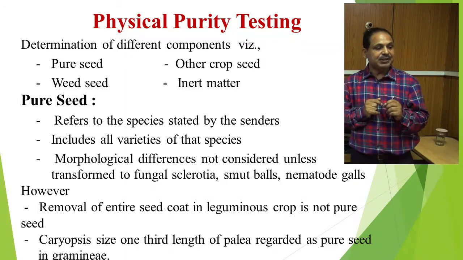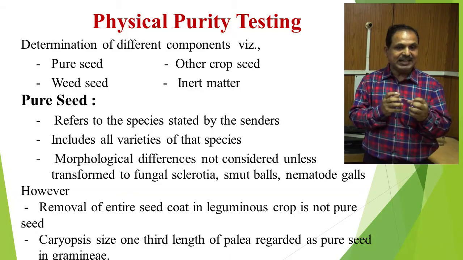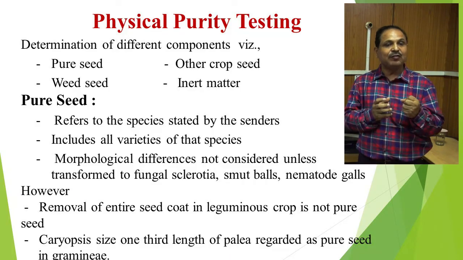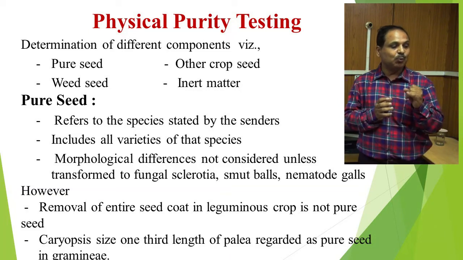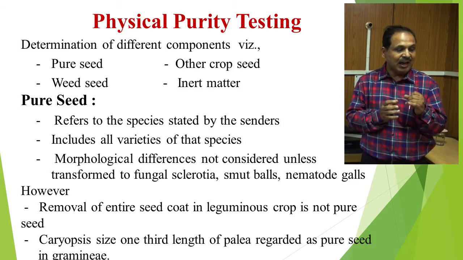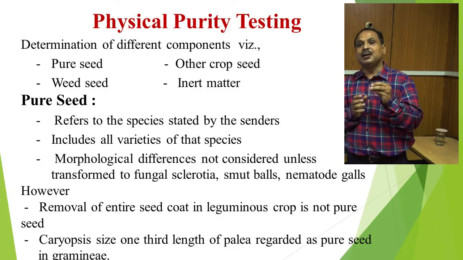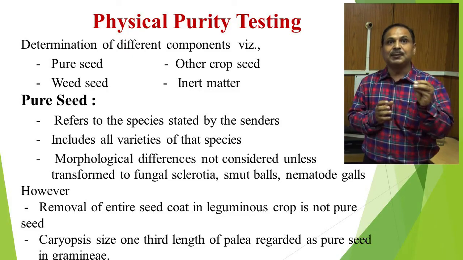Physical purity testing is the test of the seed lots for the determination of different components: the pure seeds, the weed seeds, the other crop seeds and inert matter. Here we must understand properly to what we should call pure seeds.